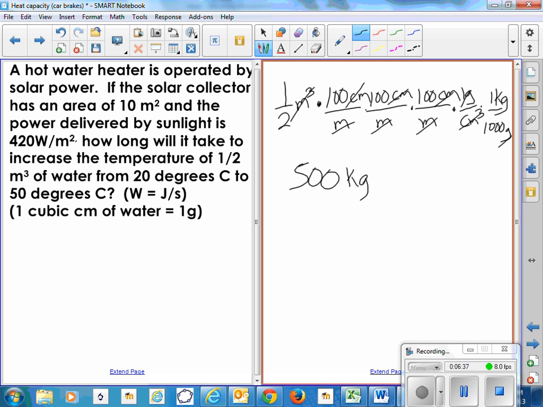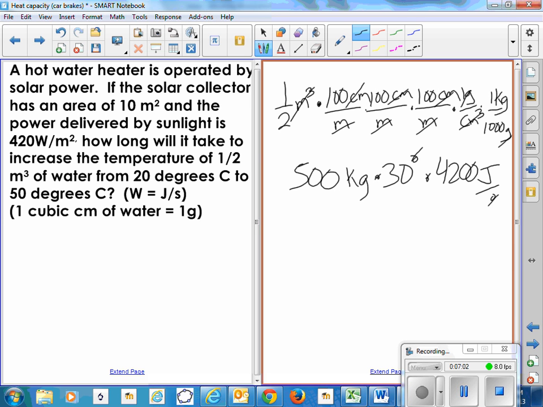And I need to multiply by 30 degrees, and water takes 4,200 joules for every kilogram for every degree that it's going to rise.